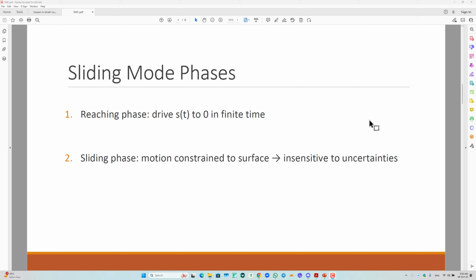And phase 2, the sliding phase: once s equals 0, the motion stays on the surface and becomes insensitive to matched uncertainties. Keep in mind that the first phase requires the discontinuous control to act strongly, while the second phase delivers the robustness we want. Is that clear? I hope it's clear for you.